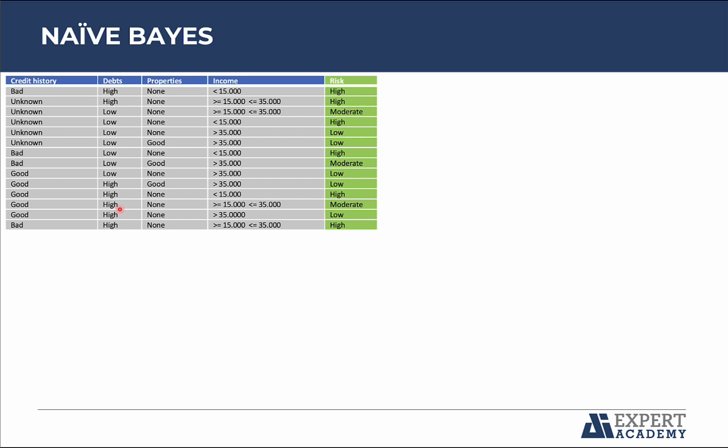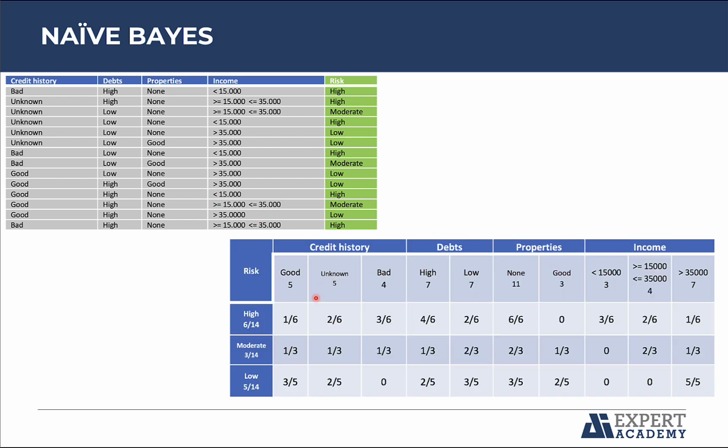We need this historical data set to send it to a machine learning algorithm, and some mathematical calculations are going to be made. Considering Naïve Bayes, the learning process is the creation of this table with probabilities.